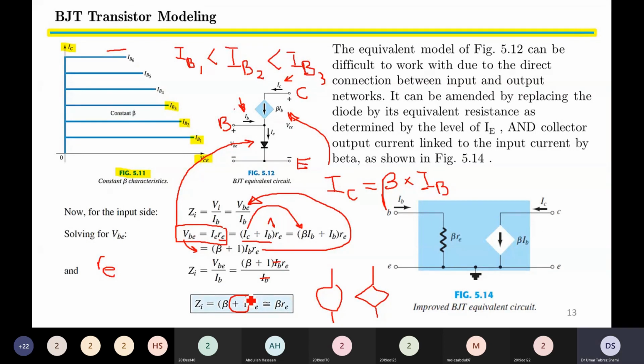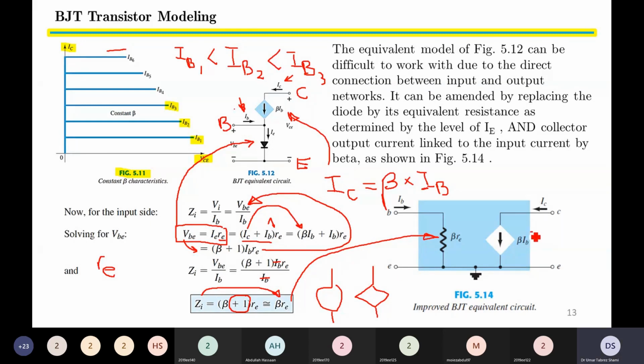We can ignore the plus 1 component. Thus, the input impedance is equal to beta into RE. And this is why we have replaced the resistance over here and we have called it beta RE.